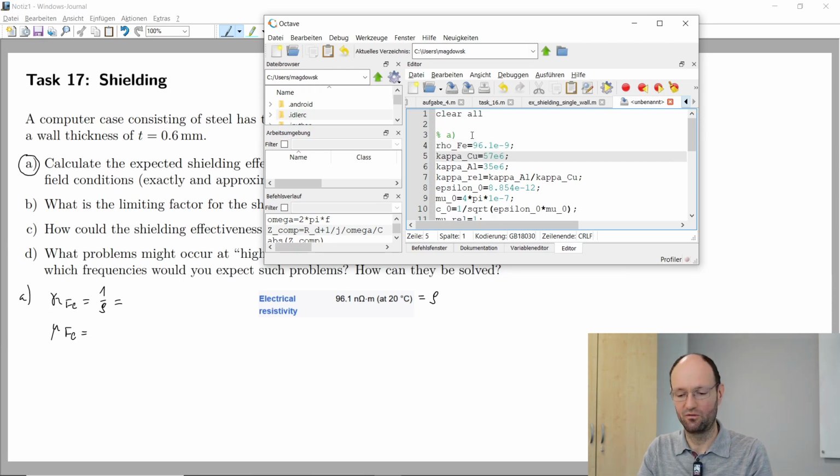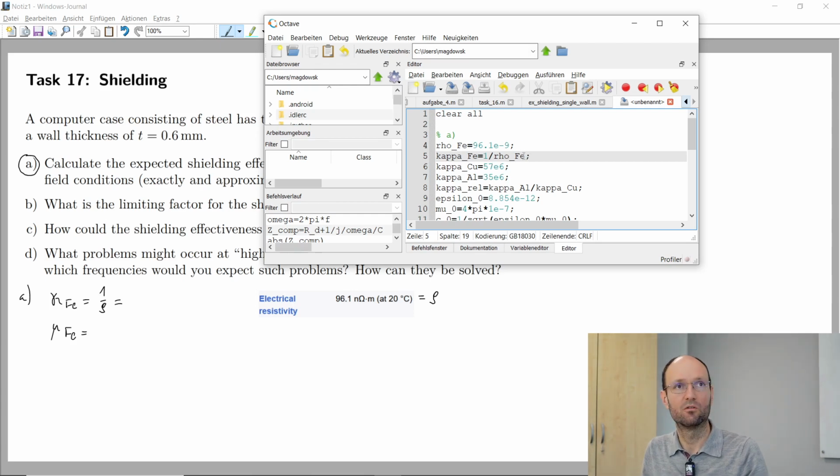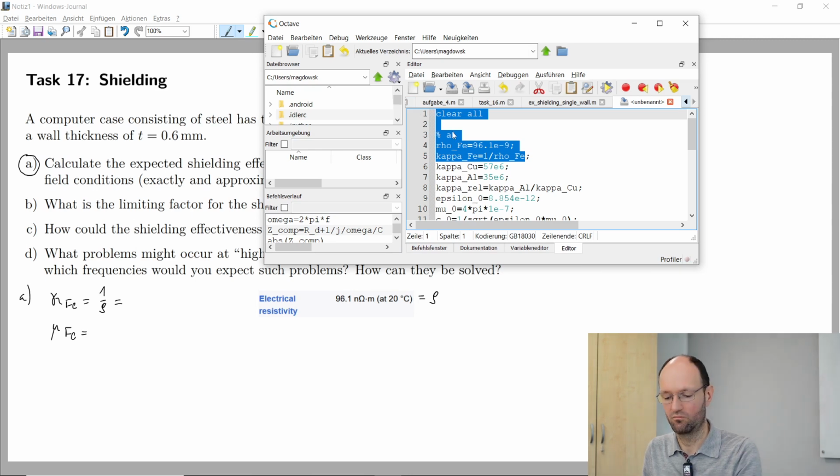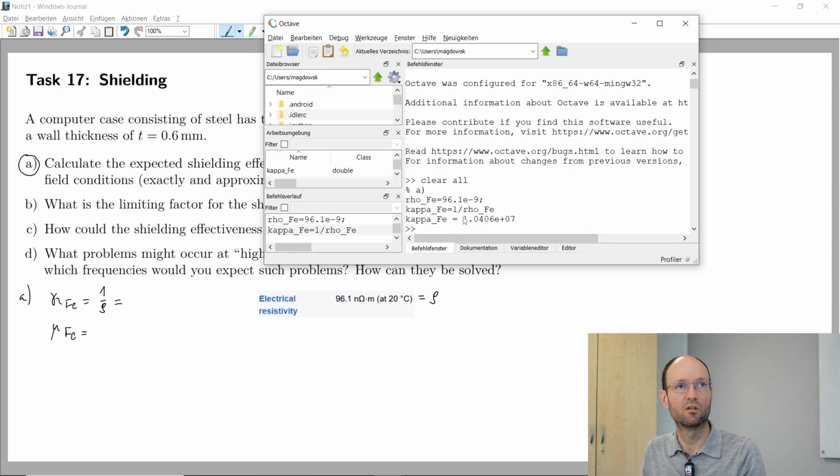And so if we just from this calculate kappa of steel, it should be 1 over this, 1 over rho of steel. And if I calculate this, then we get 1.04 times 10 to the power of 7.